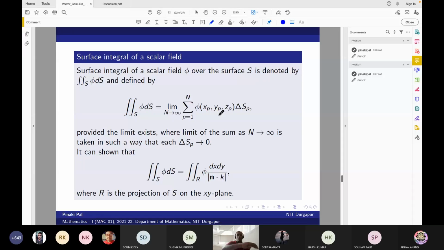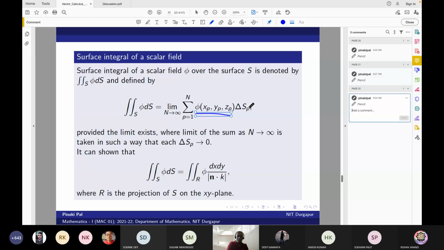Once again, same approach: we divide the region of integration, which is the bounded portion of a surface, into finite parts, and one such part is delta S_p, whose area is delta S_p. In that tiny region, we consider a point and calculate the value of the function there.